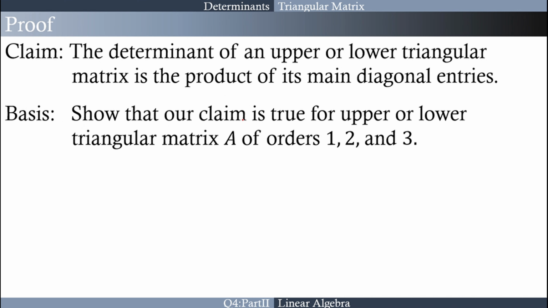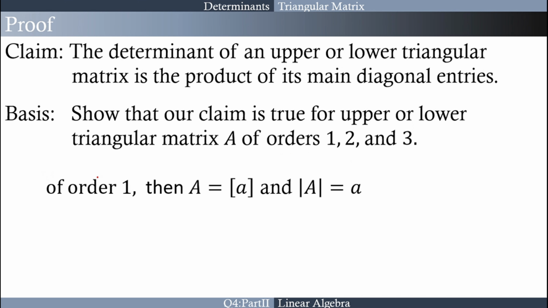We will show that our claim is true for upper or lower triangular matrix A of orders 1, 2, and 3. So observe, if we have matrix A of order 1, our matrix has only one entry, and the determinant of our matrix is the only entry itself.